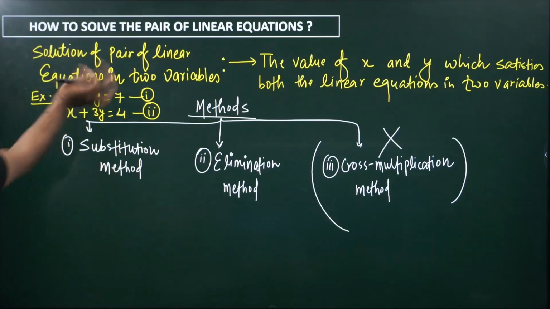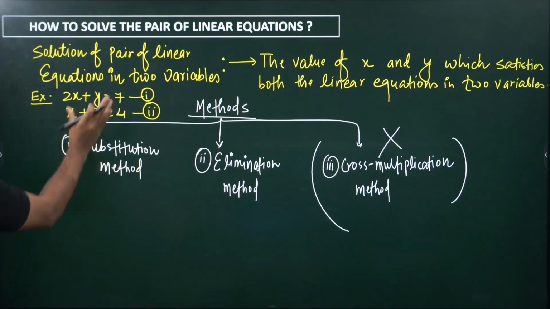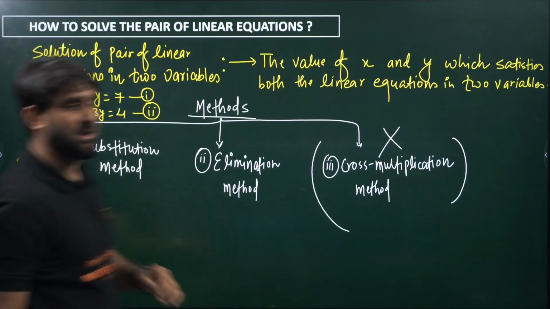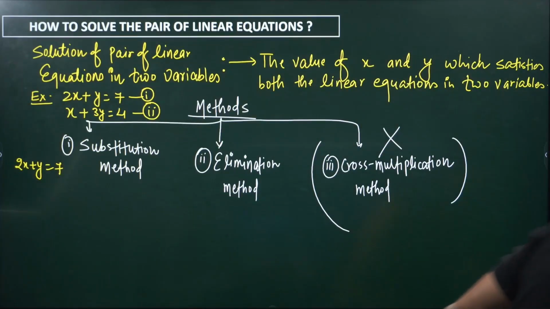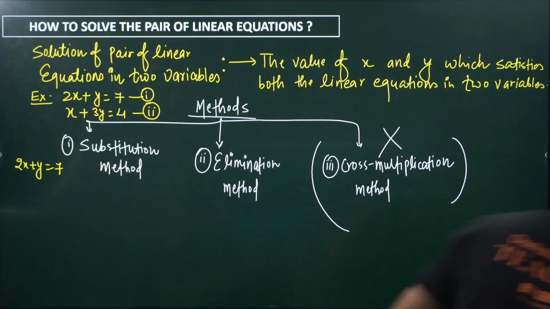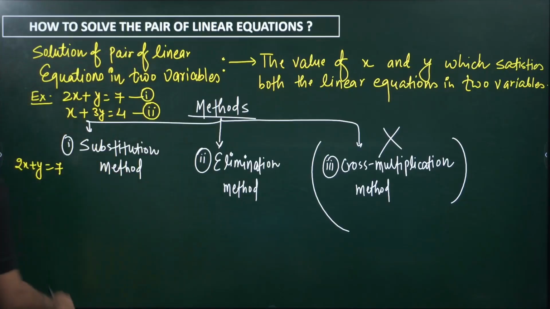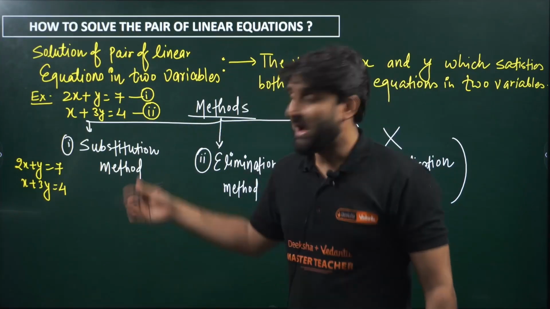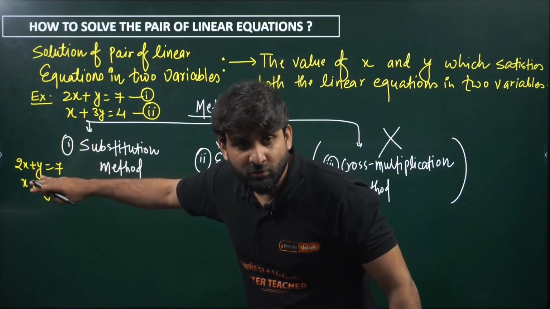Please understand, everyone. 2x plus y is equal to 7, and the second equation is x plus 3y is equal to 4. Substitute either equation 1 in 2 or 2 in 1.